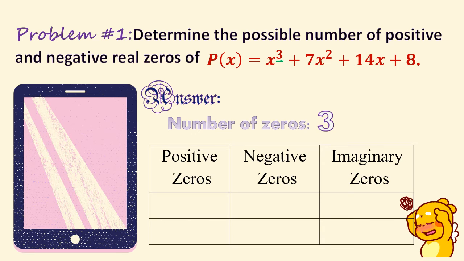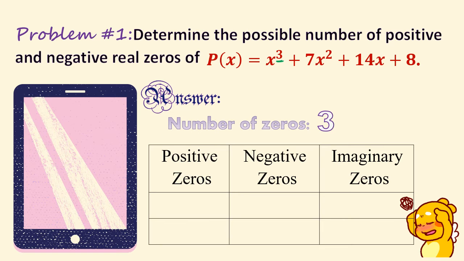So first of all, let's find out the maximum number of positive zeros. How can we determine the maximum number of positive zeros that we can have? Okay, so we will apply here what we learned about the number of variations a while ago. As you can see, our given is in the form of p of x already.